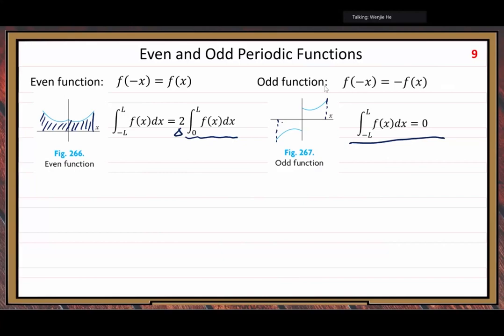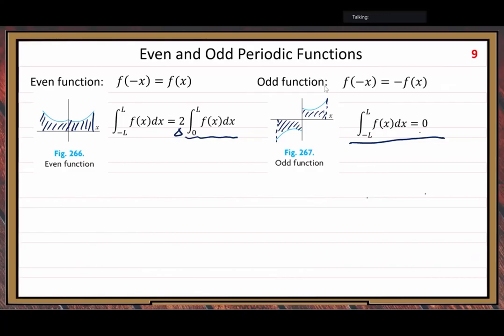If the function is below the x-axis, then we treat the area as a negative number. So here the positive area and the negative area have the same absolute value but different signs. When you add them up, they cancel out. That's why the integral is 0.